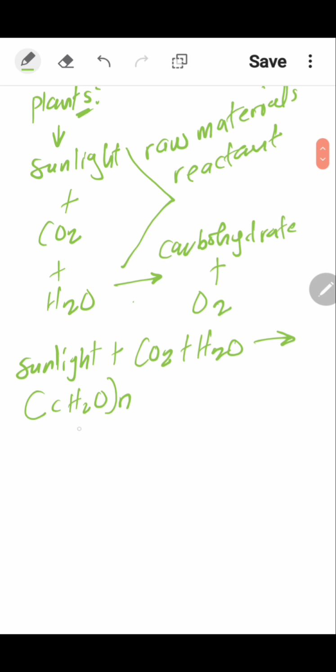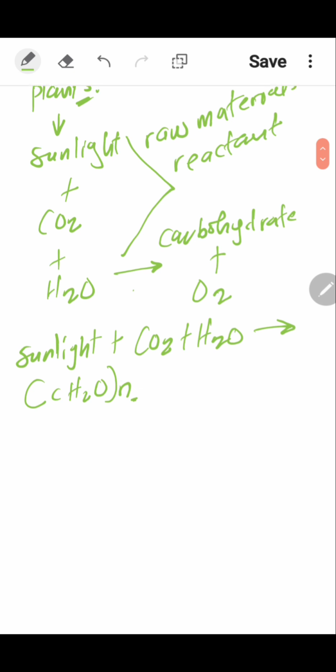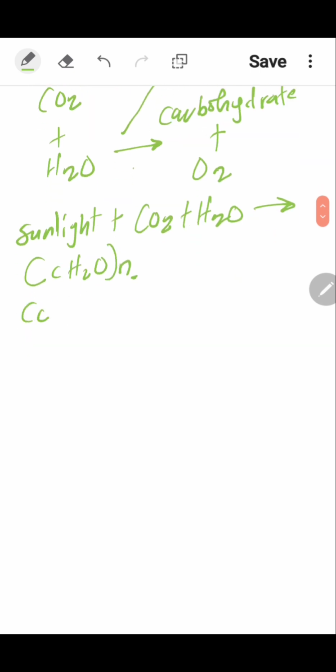Now, let me explain this a little bit. This is the general formula for glucose. In terms of glucose, n is represented as 6. So, here we have C6H12O6, and of course, oxygen. So, this is the general equation for photosynthesis.